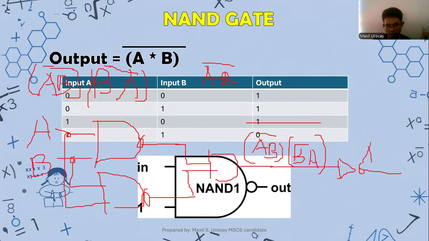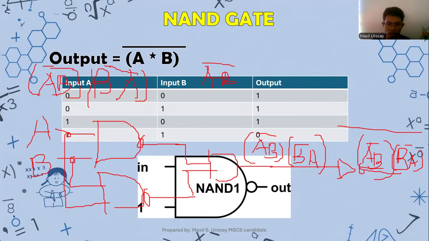So this is AB inverted, then BA inverted, and then inverted over the top. That's it. That's really so simple. Just to take note, this is just an addition. Now, thank you so much.